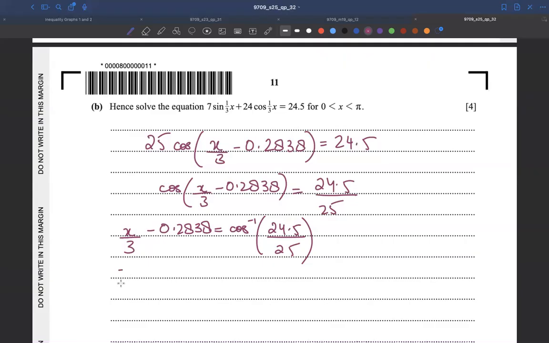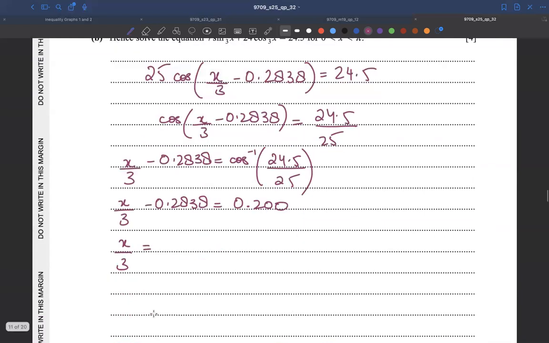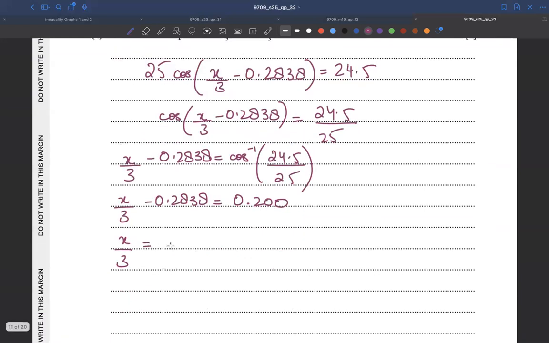So x upon 3 minus 0.2838 would be equal to 0.200. So x upon 3 would be equal to 0.200 plus 0.2838. And then we'll multiply this answer by 3. One of the values would be x equals 1.452, and to three significant figures, that would be 1.45.